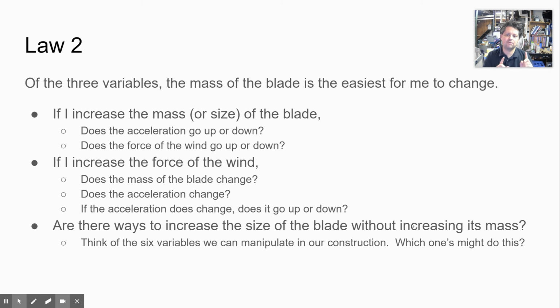Does the acceleration change if I increase the force of the wind? And if it does change, does it go up or does it go down? Are there ways to increase the size of the blade without increasing its mass? Think of the 6 variables we can manipulate in our construction in the next video. Which ones might increase the size without increasing the mass?